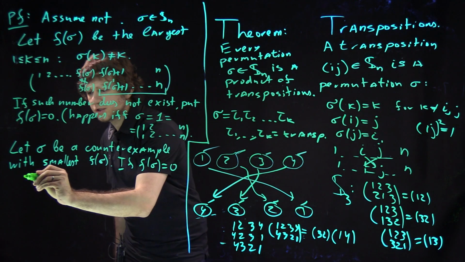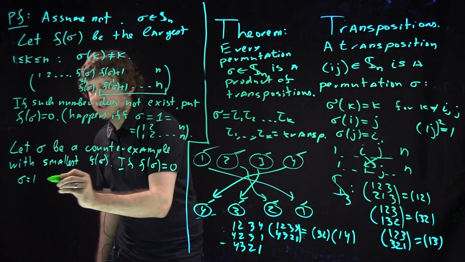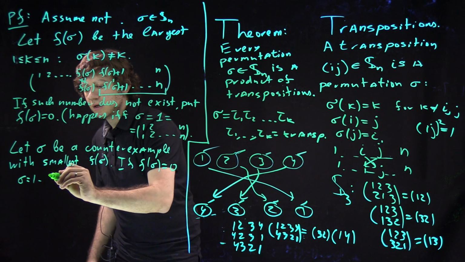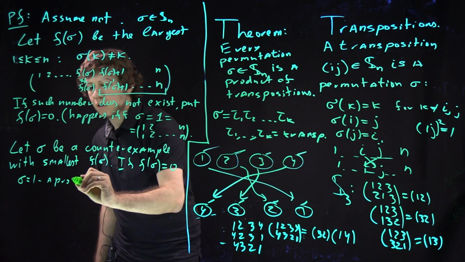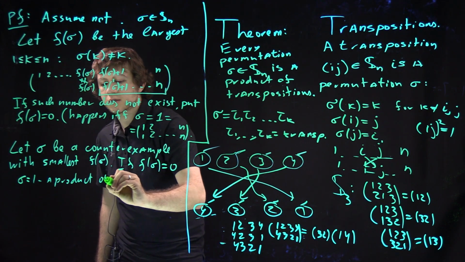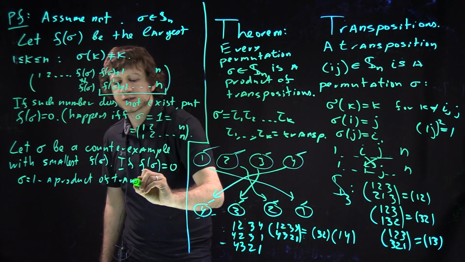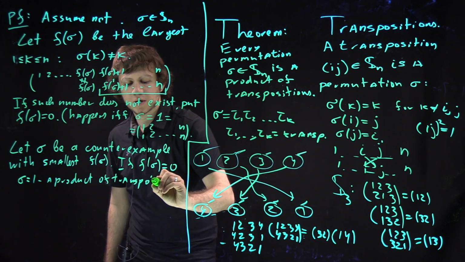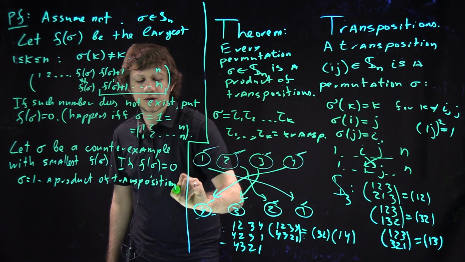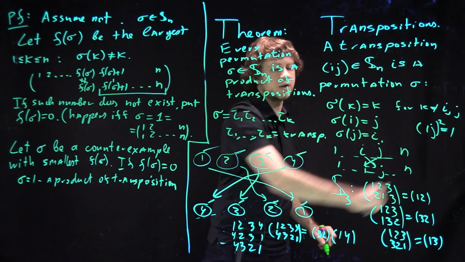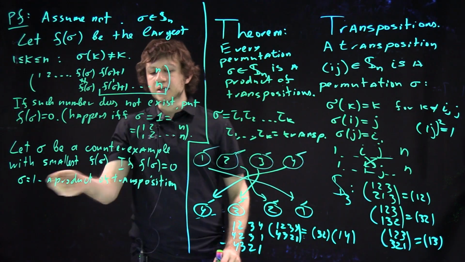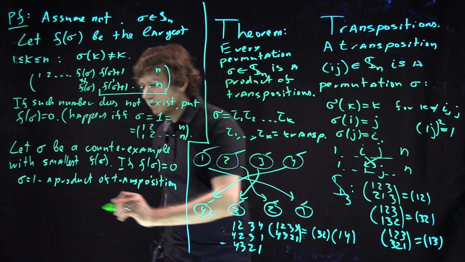So our sigma is just 1, and 1 is definitely a product of transpositions, and you can think of it as either just no transpositions at all, or you can take any transposition and take a square and you get 1, for instance. So that's clearly a product of transpositions.